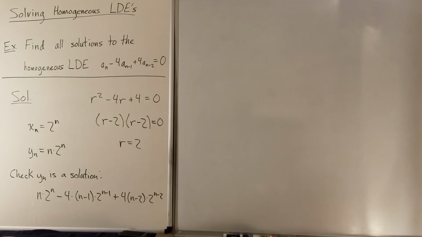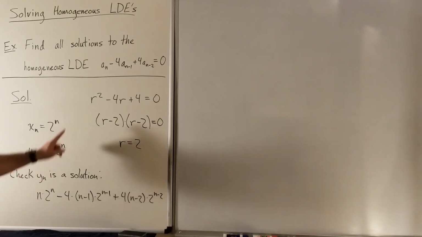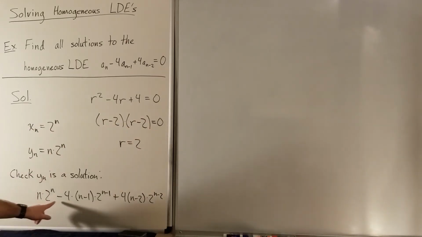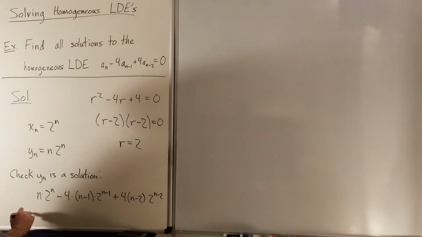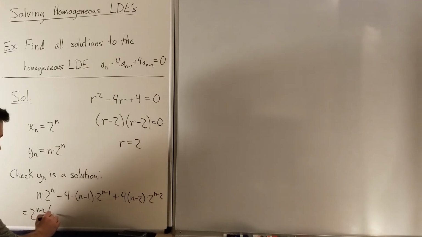Just like when we originally created our auxiliary equation in the first problem, we have a bunch of factors of 2. We can factor those out. So this is going to be equal to 2 to the n minus 2 times some stuff.